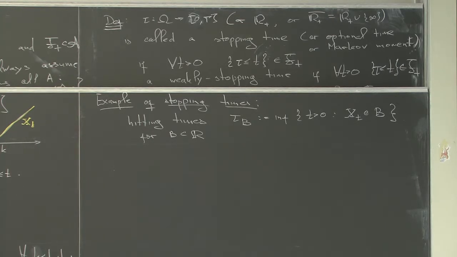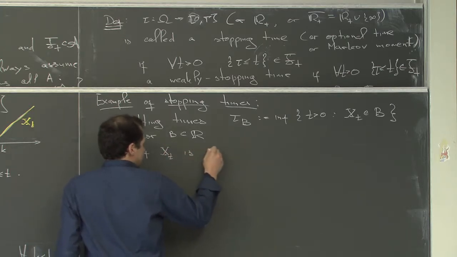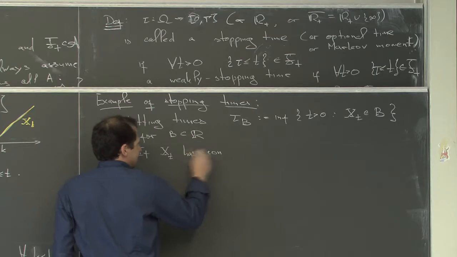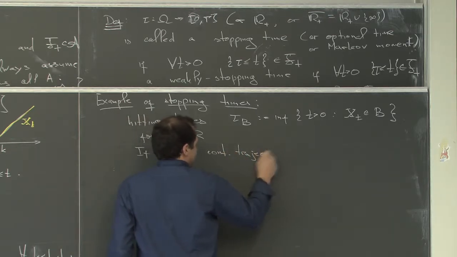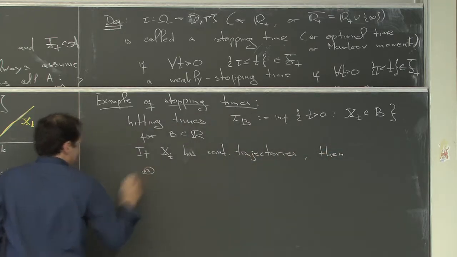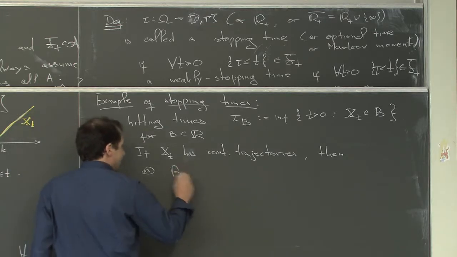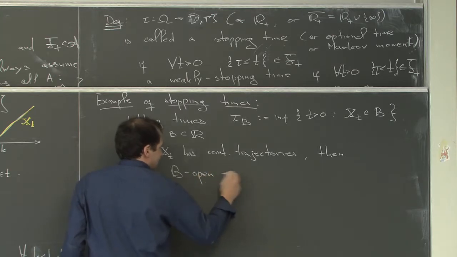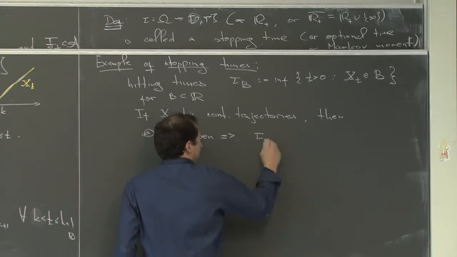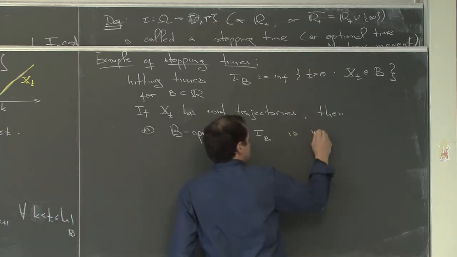Again, in general, there are some issues between stopping time and weakly stopping time. So if Xt has continuous trajectories, then, again, I never remember. First, if B is open, then tau B is weakly stopping.